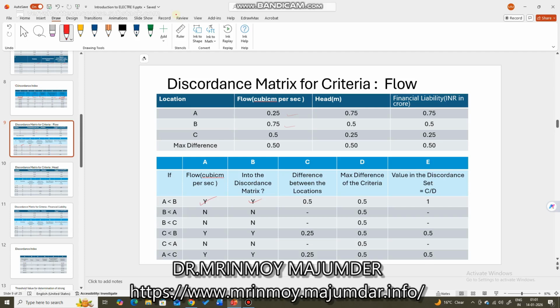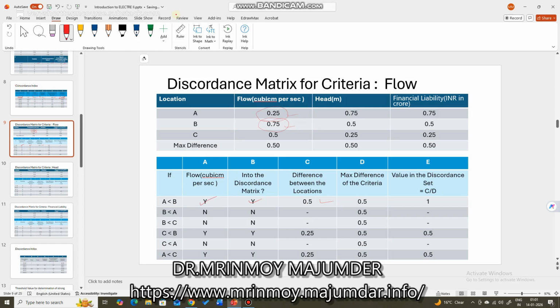This is the difference between the locations, because A has a value of 0.25 and B has the value of 0.75. Okay, so the difference between these locations becomes 0.75 minus 0.25, that means 0.5.